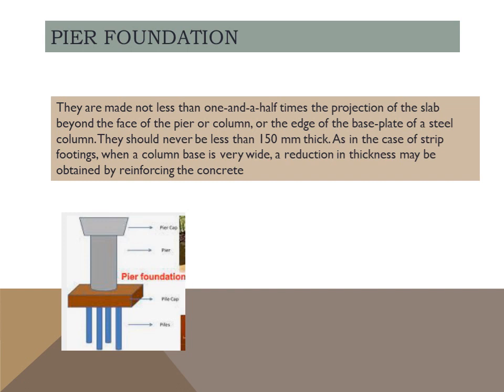Pier foundation. The thickness is made not less than a set multiple of the projection of the slab beyond the face of the pier or column, or the edge of the base plate of a steel column. They should never be less than 150 mm thick. In the case of stepped footings, when the column base is very wide, a reduction in thickness may be obtained by reinforcing the concrete.